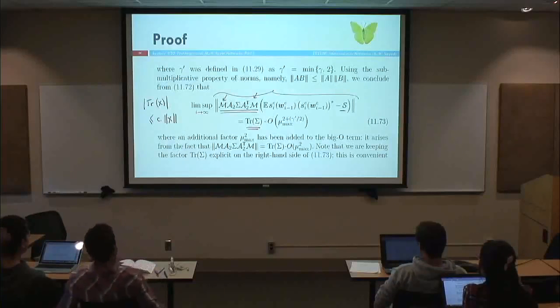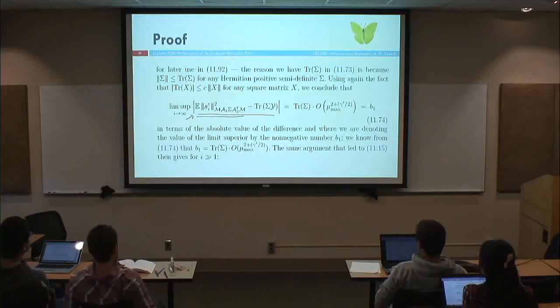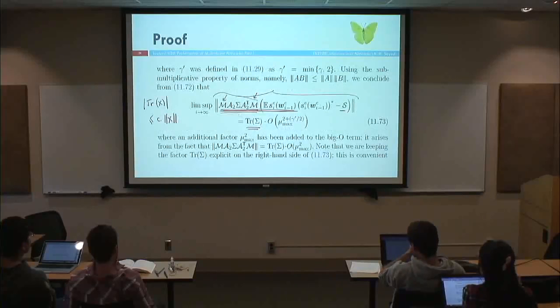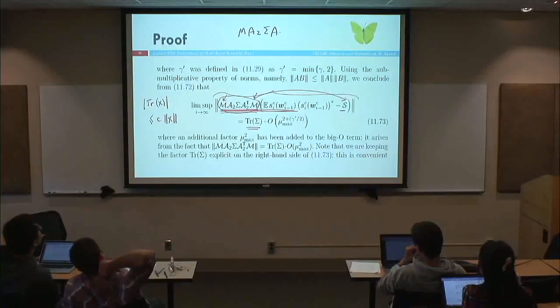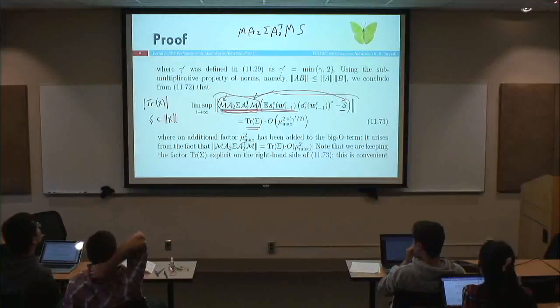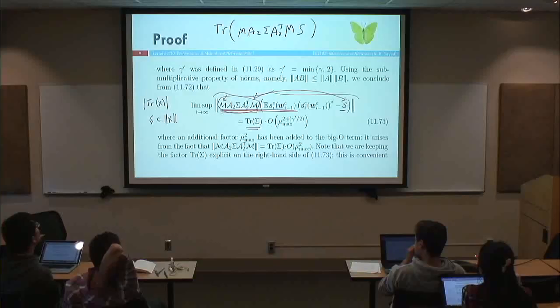This times that is the trace, right? The trace of that, sorry, is this. And then this quantity times S, the trace of that, because you see M, A2, sigma, A2 transpose M, S. So the trace of that. I'm going to bring this M A2 to this side, remove it from here. This is what I define to be Y, so you get trace of sigma Y.